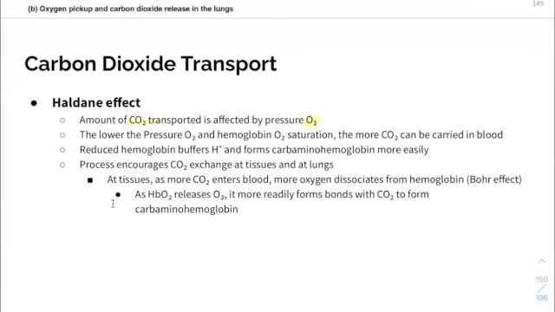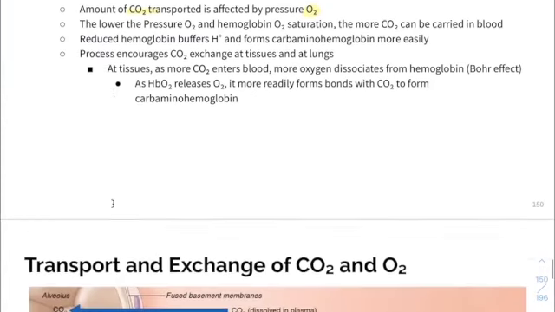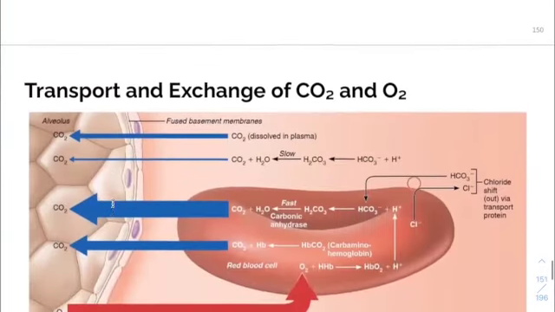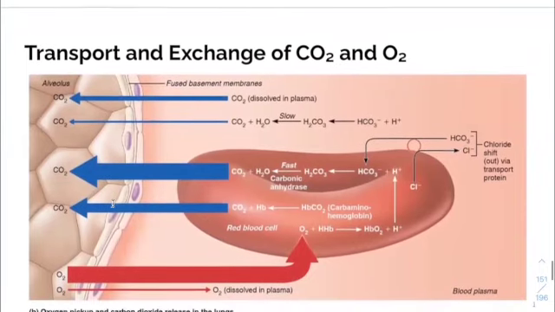If we add an oxygen, we have to get rid of the carbon dioxide. So you can't add more carbon dioxide without getting rid of oxygen. You can't add oxygen without getting rid of carbon dioxide. That's what the Haldane effect means. So we have our whole reaction. We're getting rid of carbon dioxide and we're adding oxygen to our red blood cell again.